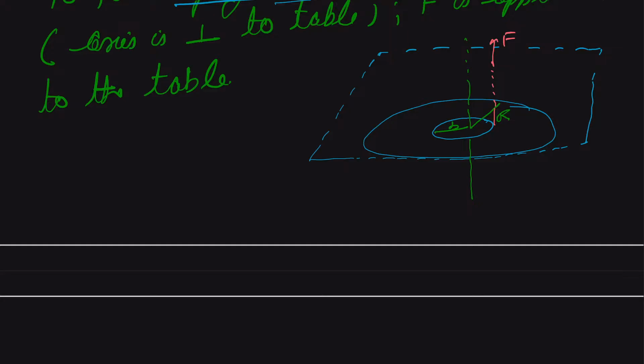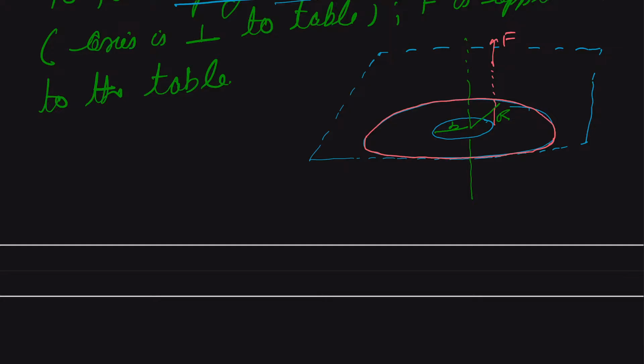From the figure also, B is much smaller as compared to R. Therefore, the contact point will be the spool edge. The outer portion is called the spool. So only this edge will be in contact. Therefore, we can say that the contact point is at the spool edge.